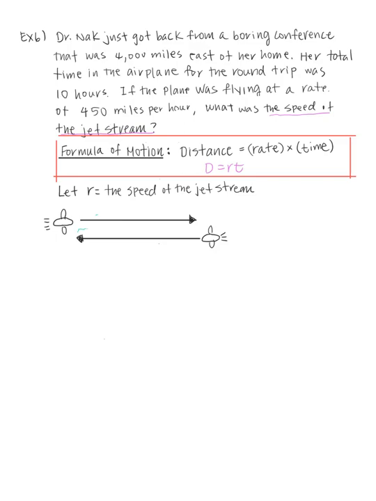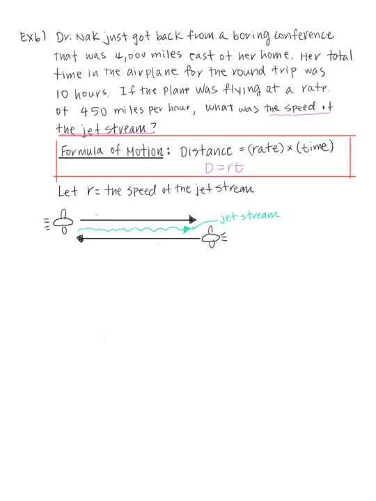So suppose that this is my jet stream, and suppose it's pointing towards the right. So if this was the case, on the way to the conference, I am traveling with the wind. Now on the way back home, I'm gonna be flying against the wind.